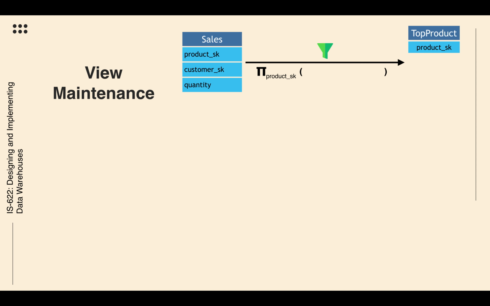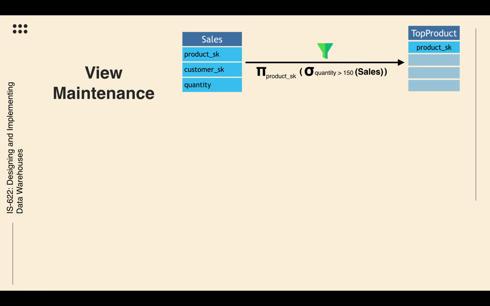I will specify the sales table later on, and then I only want those product keys where the quantity of that sales is more than 150 by the customer. So if I have a customer who has made more than 150 orders of a product, not one customer, any customer, but more than 150 items of that product have been ordered by customers, then this will be my top product.